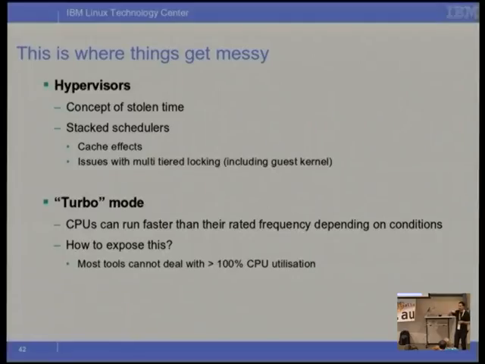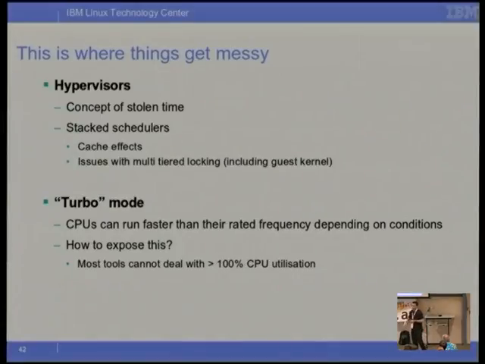They decide that we'll spin for a while, then we'll try for a while, and then finally we'll call a blocking primitive. So that's kind of multi-tier locking. When you're X levels deep and you're busy looping for another CPU that isn't necessarily even running, you're just wasting your time. So we see a lot of this kind of stuff, and it just gets worse with hypervisors now because you've got 2 levels of this going.